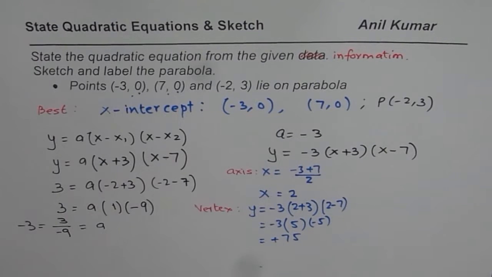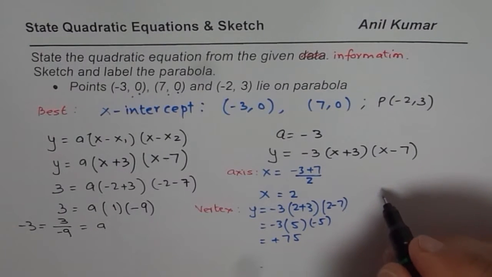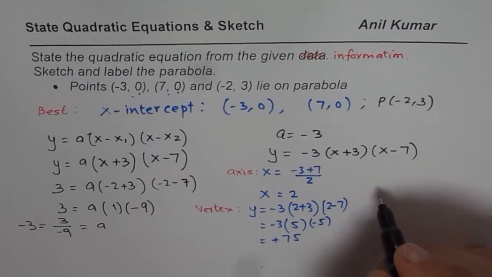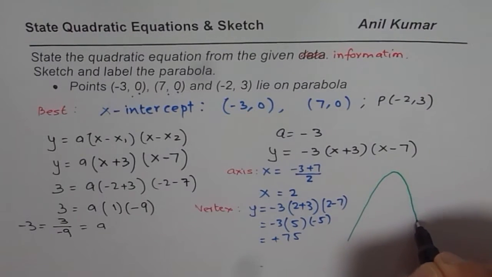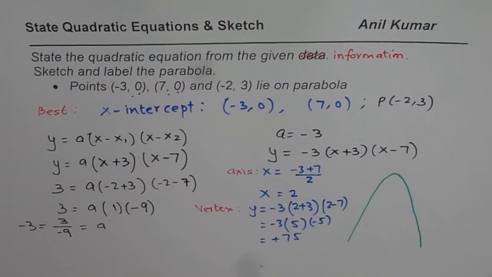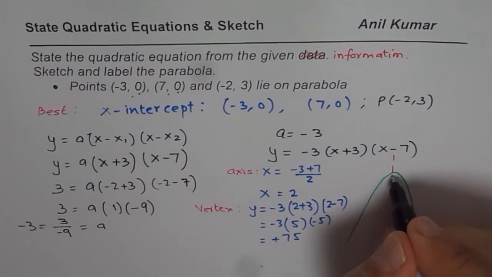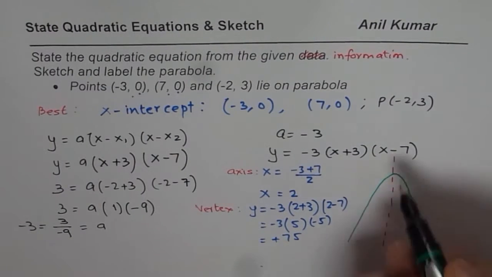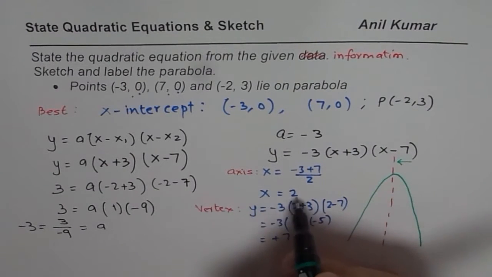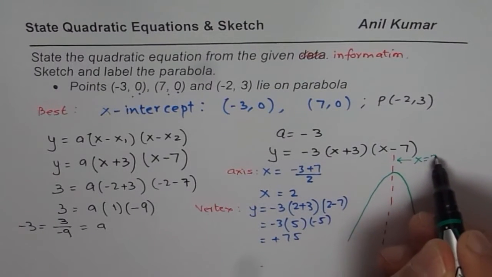So we have a parabola which opens downwards. Let me just sketch a parabola here. I'm not using scales, but you should. So we have a parabola kind of here. In this parabola, the axis of symmetry is drawn. This axis of symmetry is x equals 2.